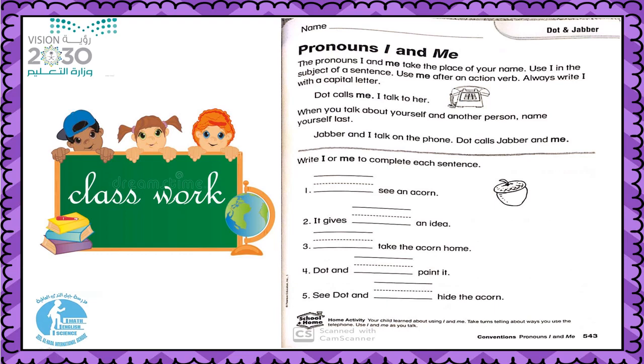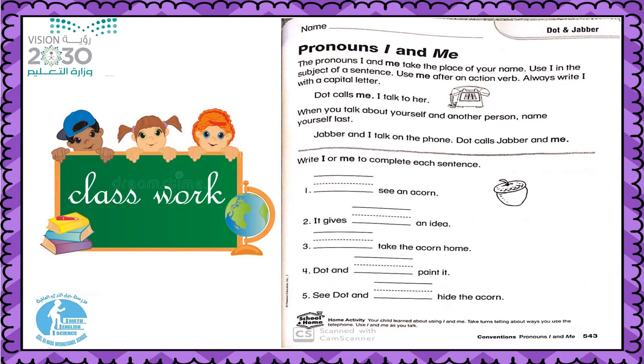Pronouns I and me. As we took, the pronouns I and me take the place of your name. And also, we said we use the pronoun I in the subject of the sentence, in the beginning of the sentence.